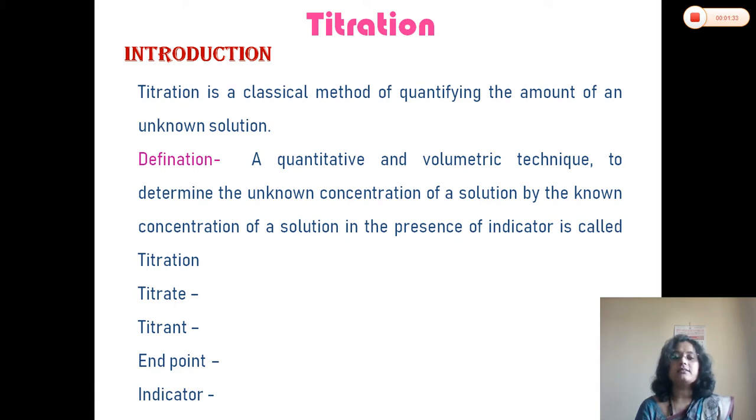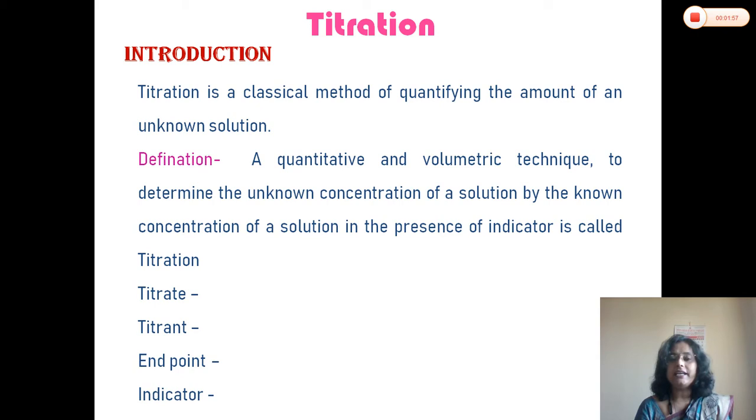The titrate is always taken in a conical flask. Second one is the titrant. Titrant is the solution of known concentration which is used to determine the concentration of the unknown solution. This titrant is always filled in a burette.